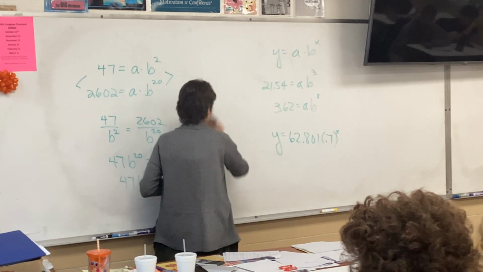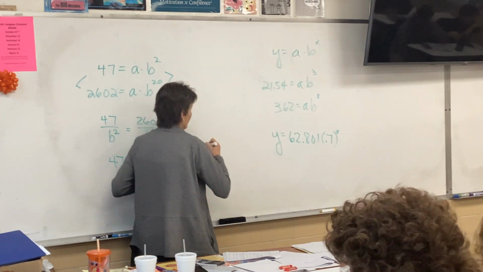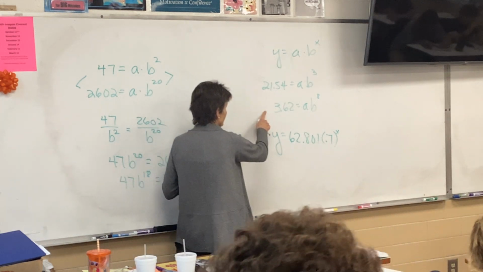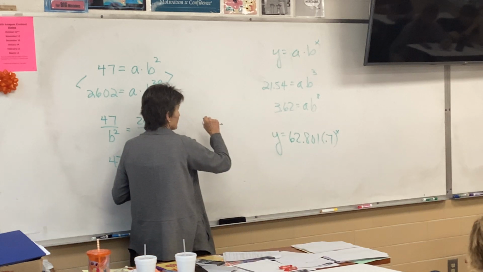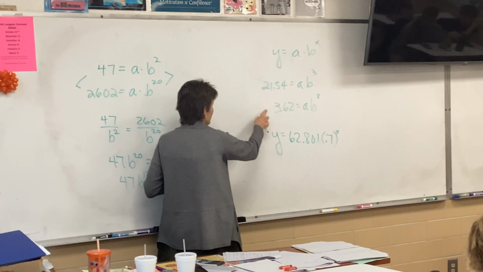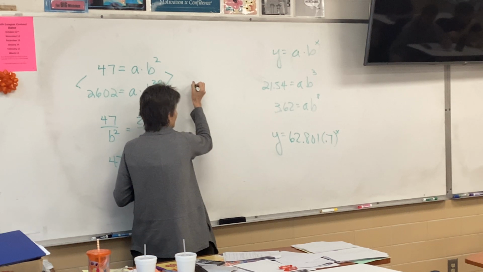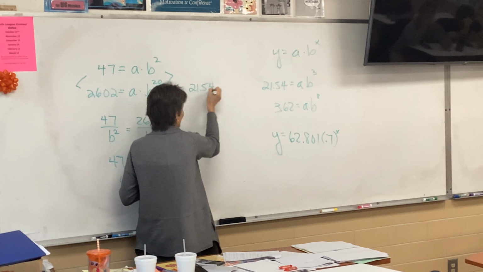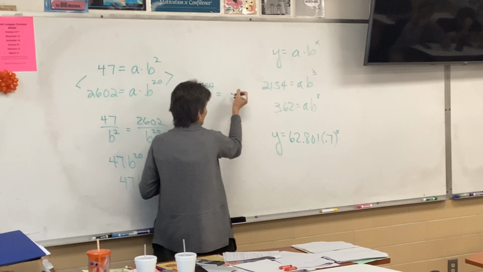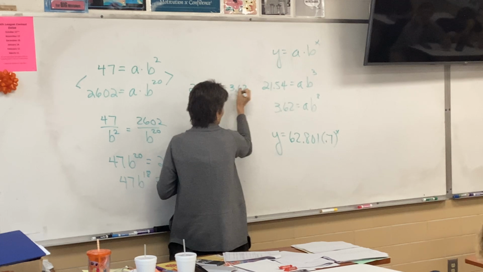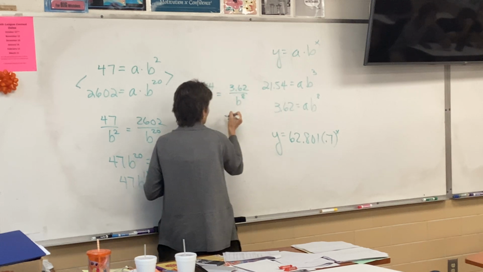How do you find the fifth? Okay, so are we okay with these two equations? So I went ahead and 21.54 over b cubed equals 3.62 over b to the 8th.